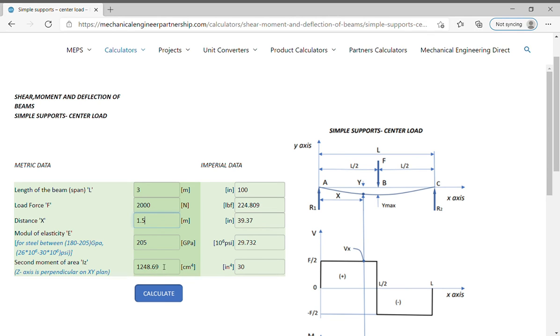In regard to the second moment of area, if you already have the value, write it in the corresponding cell, in centimeter to the fourth power.